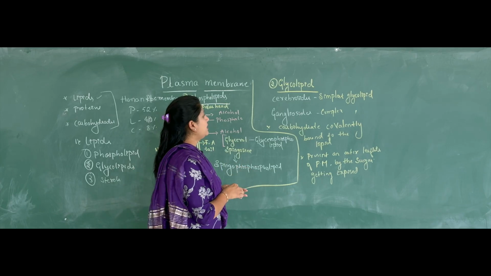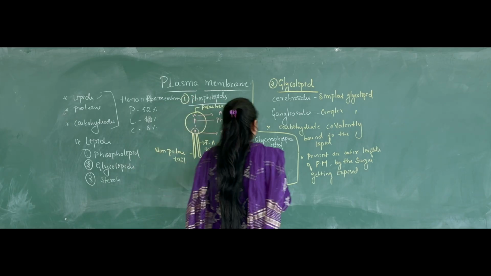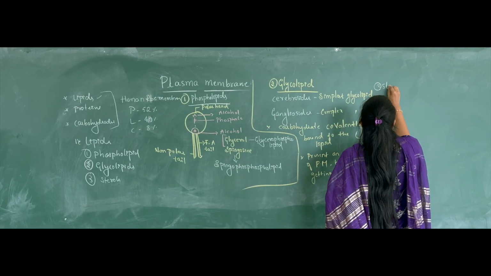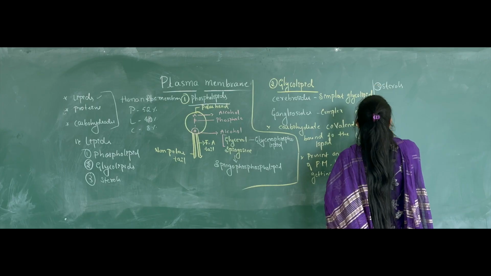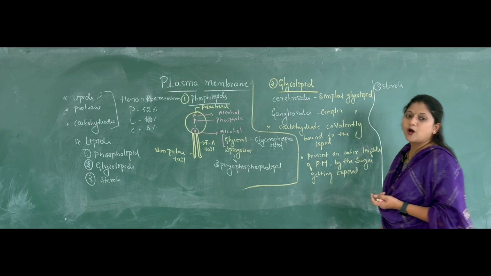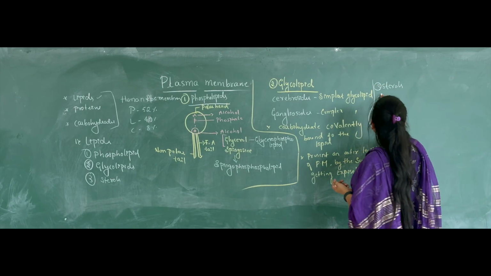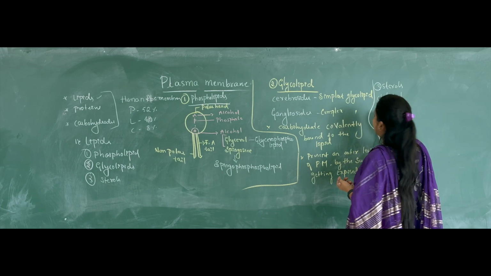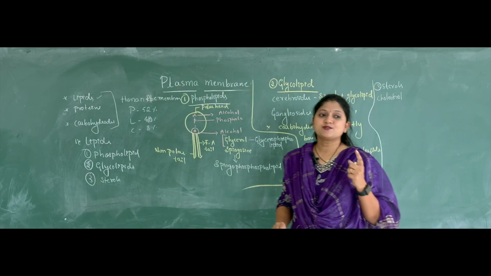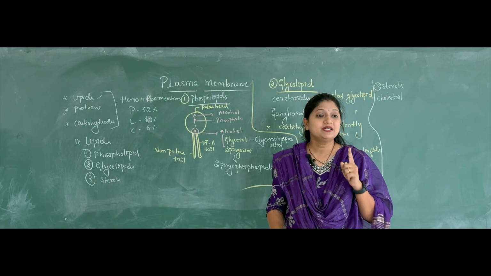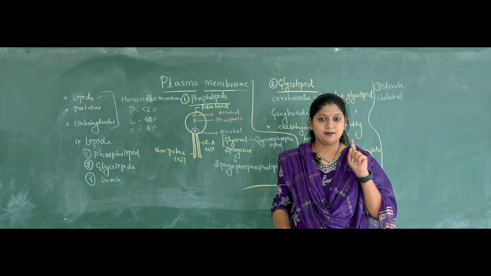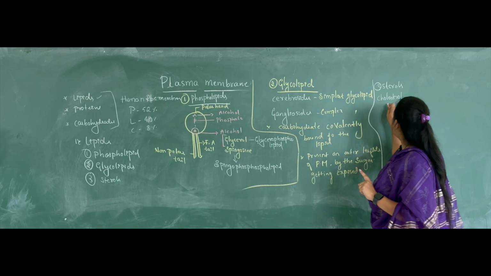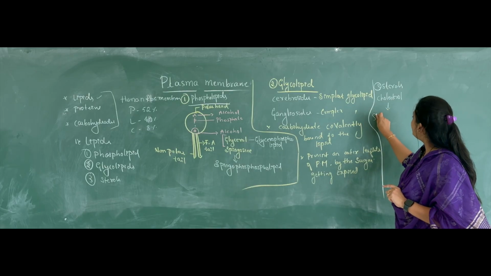Okay. So then we are left with the third one, that is the sterols. So I'll write it here. Sterols. So the most complex sterol is the cholesterol. Remember, cholesterol is present in the animal cells plasma membrane but is absent in the plant cells. So in the plant cells, instead of the cholesterol, there is stigmasterol.